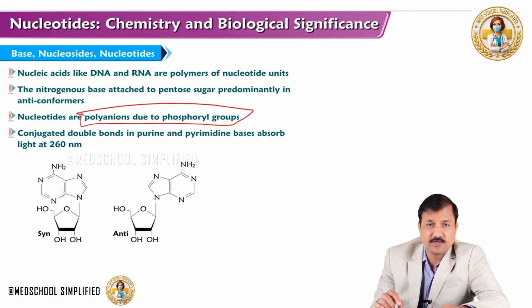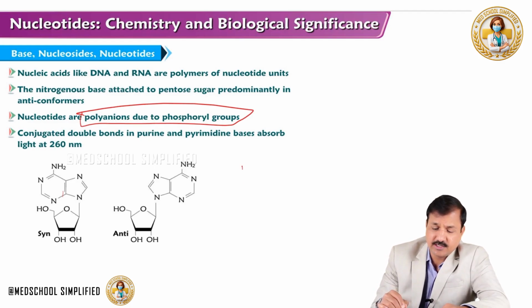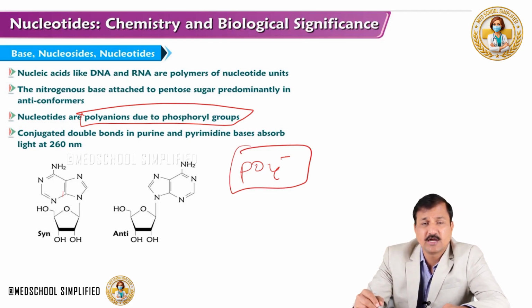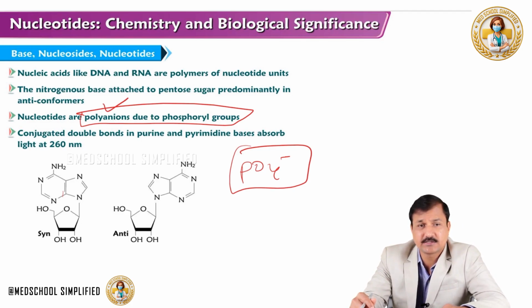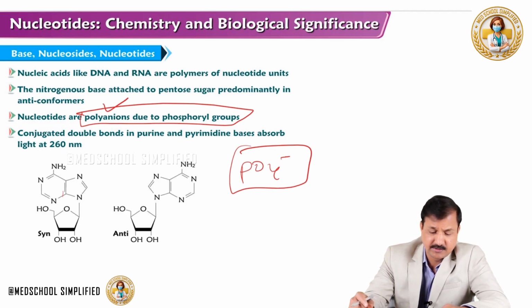Now, nucleotides are polyanions due to the phosphoryl group, because the phosphate found in the nucleotide, PO4 minus, carries a negative charge, and these negative charges give a polyanion characteristic to nucleotide molecules. Remember that.